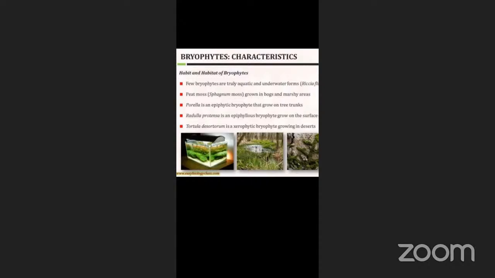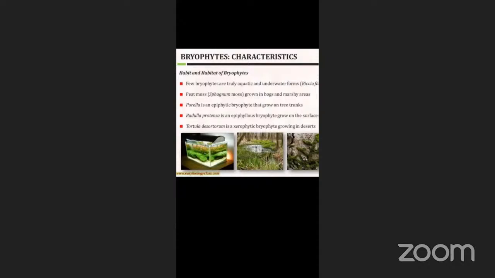So this is the thallus and foliage; two types of plant bodies are recorded in the bryophytes. The thallus, that is the plant body, is prostrate and differentiated into dorsal and ventral surfaces.